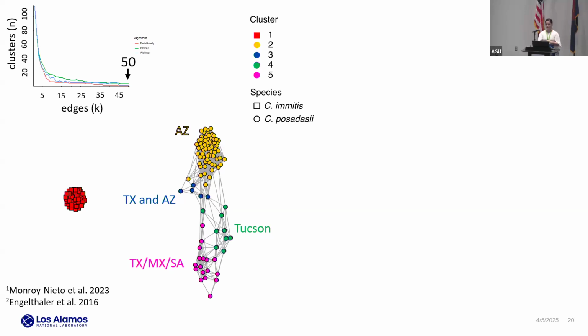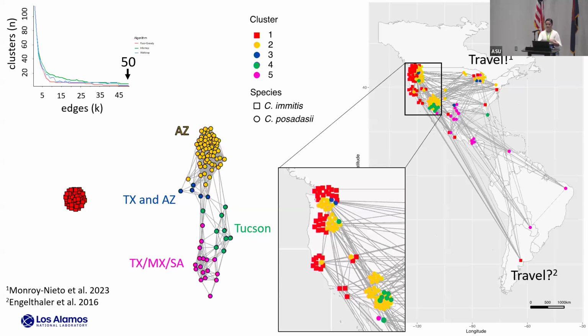So if I plot the same network in geographic space, using published or inferred latitude and longitude, I did not do any spatial analyses. This is just for visualization purposes. Immitis is primarily along the West Coast, and there's a strong Texas, Mexico, and South America group, as has been published in previous studies.